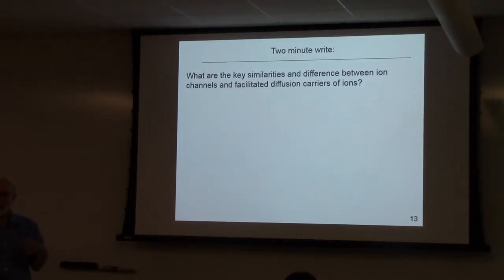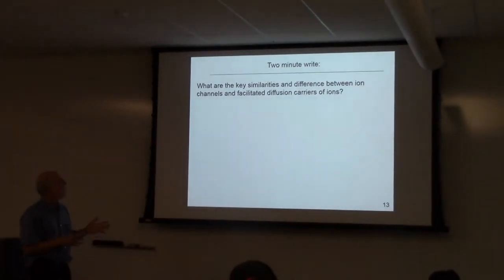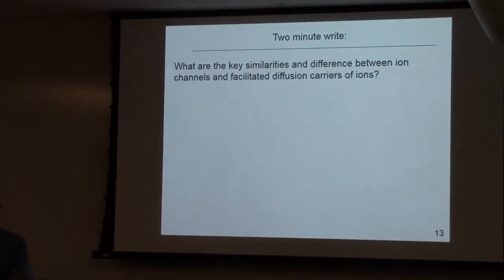So let's do what I call a 2-minute write, and you can work with a neighbor if you like. Let's spend 2 minutes. What are similarities and differences between ion channels and these uniporters, the facilitated diffusion transporters?